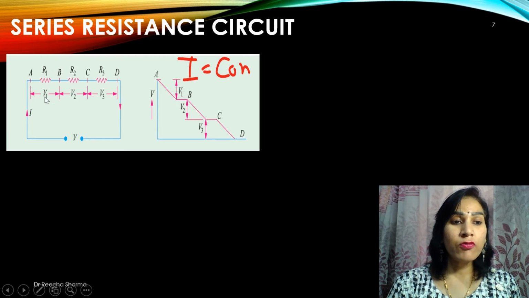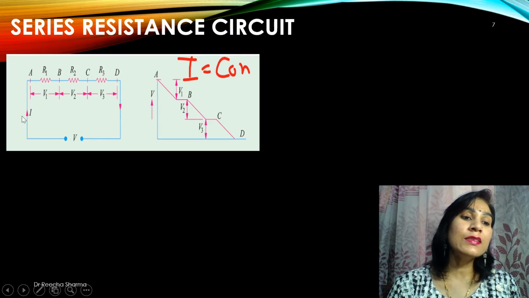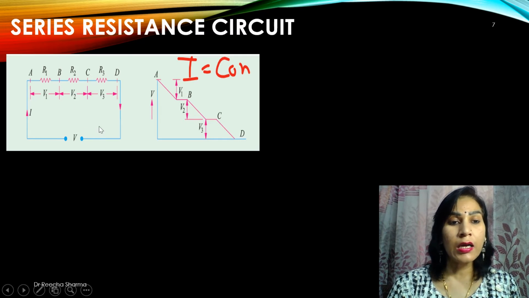The voltage is V1 in R1, V2 in R2, V3 in R3. So every resistance has a different voltage across it, and the current flowing in the circuit is I.